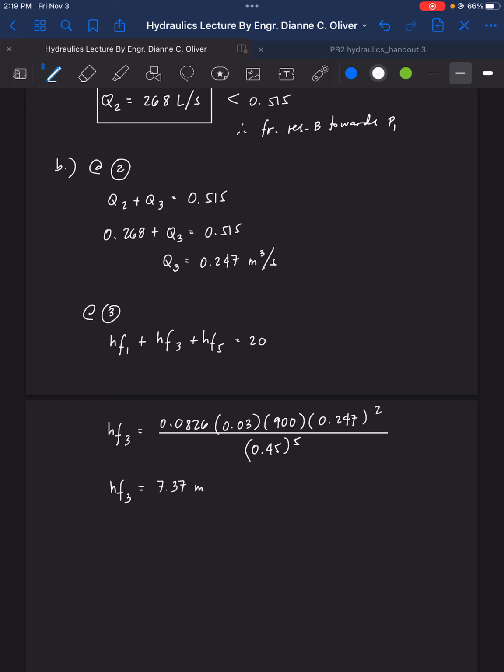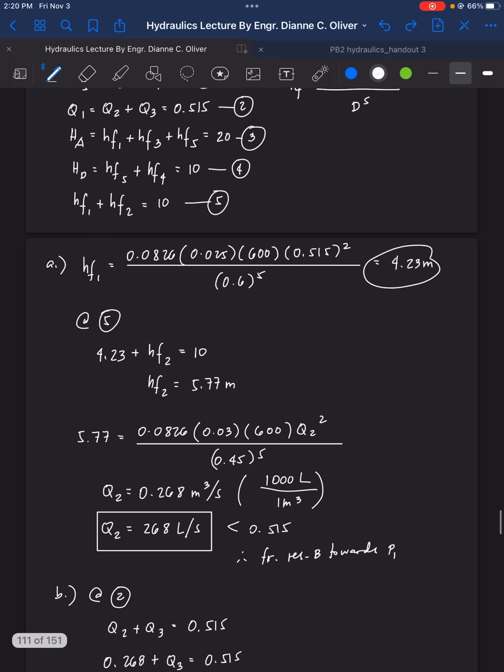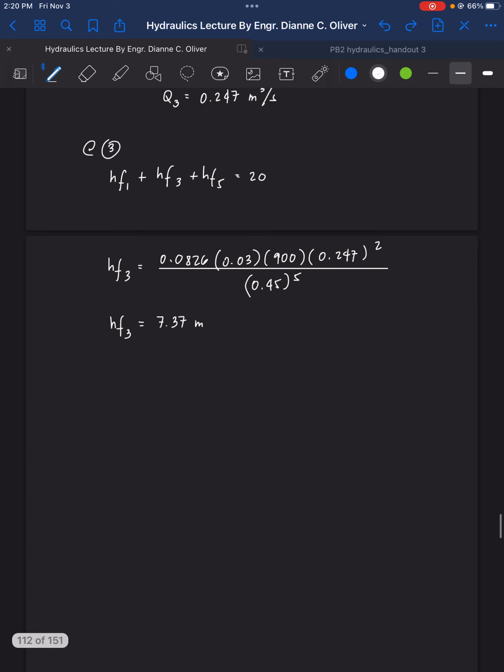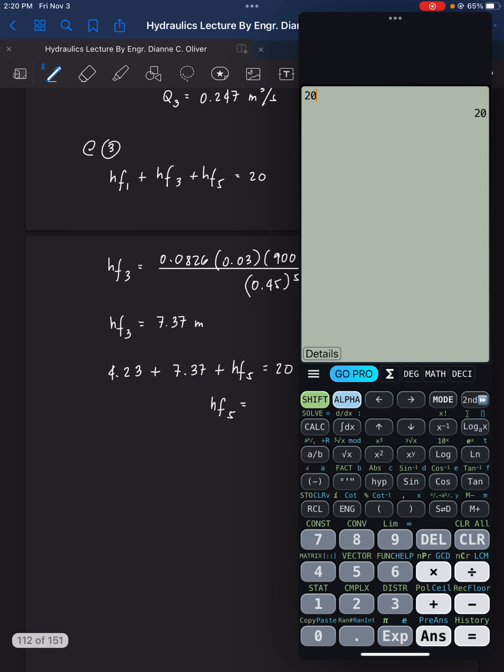Then from this equation, our HF1 a while ago is 4.23. So 4.23 plus HF3 7.37 plus HF5 is equal to 20. So HF5 is equal to 20 minus 4.23 minus 7.37. So 8.4.